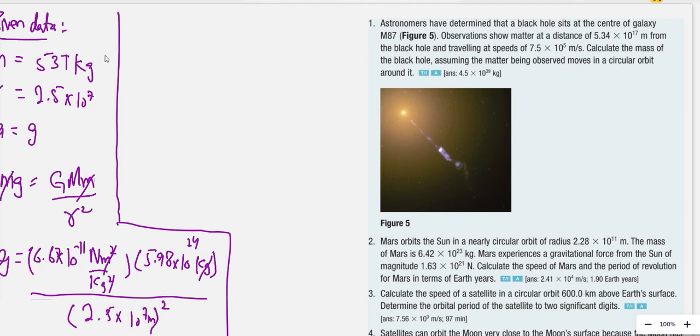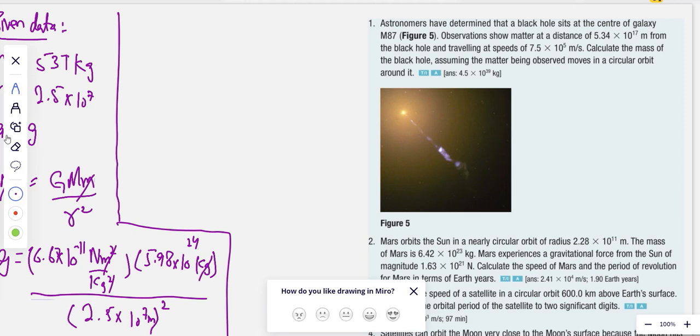Okay, so the distance which is given over here is r, and the traveling speed over here is v.